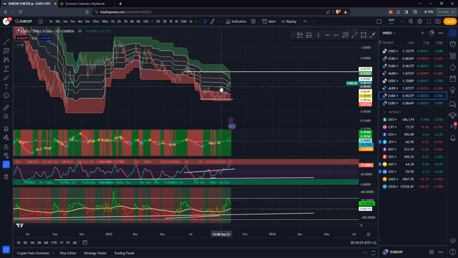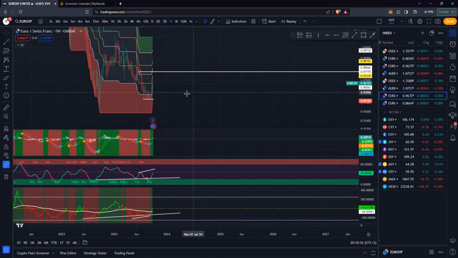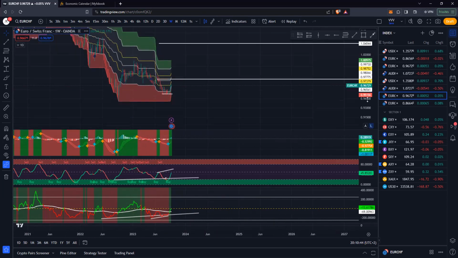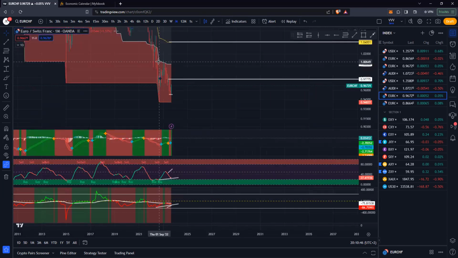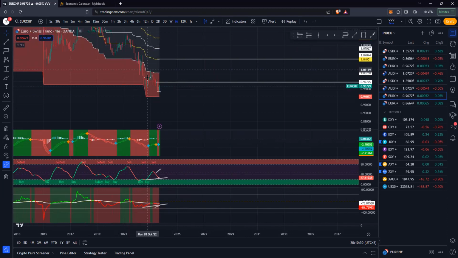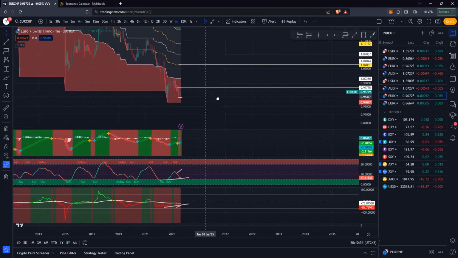Here was the first target, here was the second target. We had to see into the previous highs for eventually a divergence move. But yeah, I'm expecting a weaker CHF based on the monthly picture. So this could make a bigger move in the long-term run.